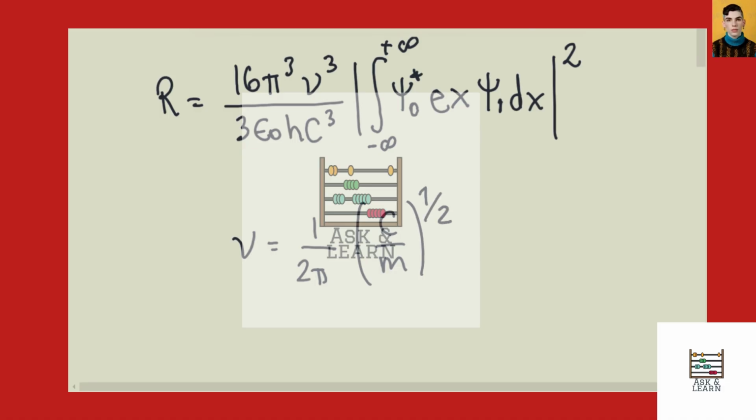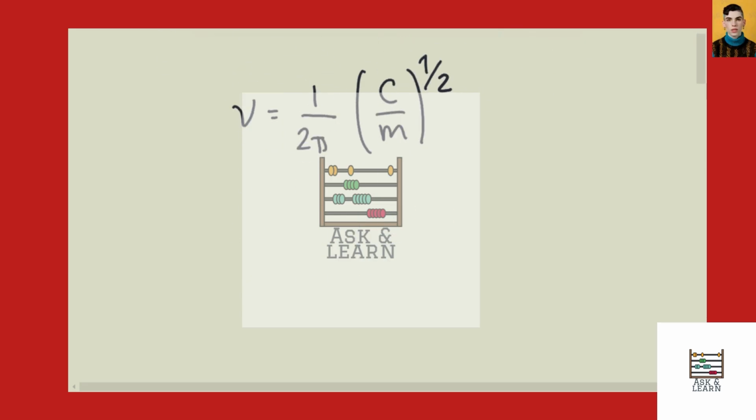Now for the integral in the expression for the rate, we can do the following change: u is equal to the restoring force times the mass, all elevated to 1 divided by 2, times x, divided by h bar elevated to 1 over 2.